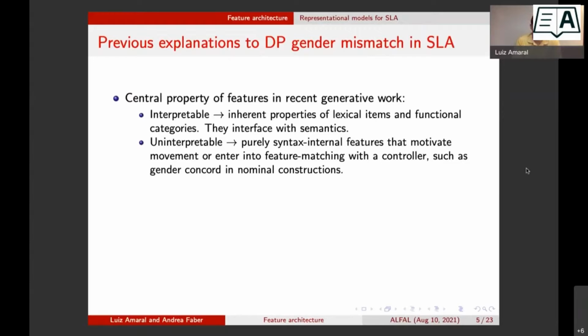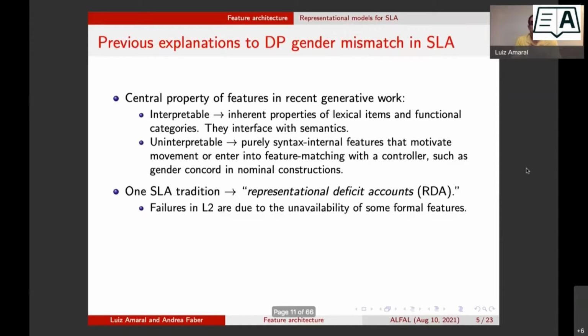This is important not to our approach to feature reassembly, but this is important to some of the accounts of why nominal agreement is persistent in L2 Spanish, for example, right?